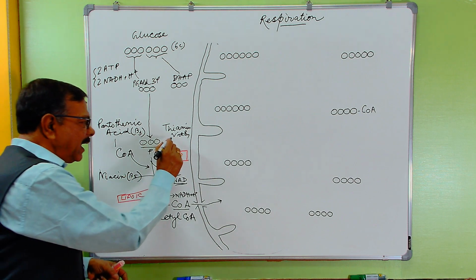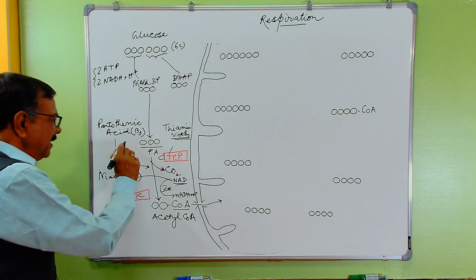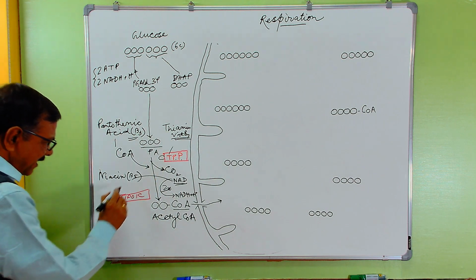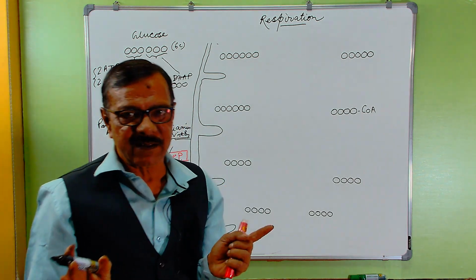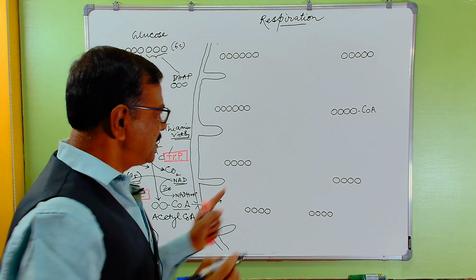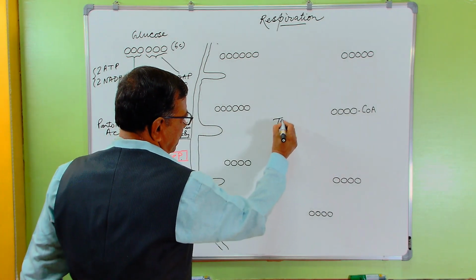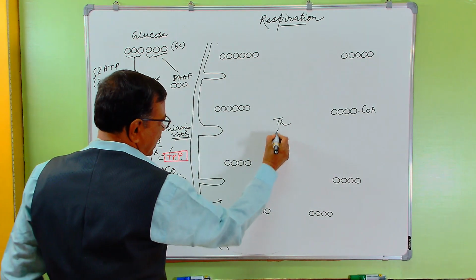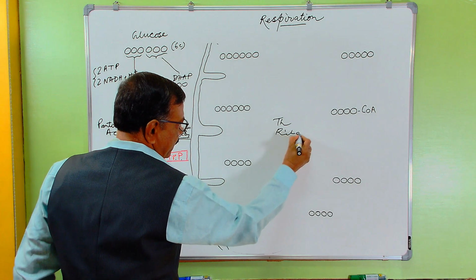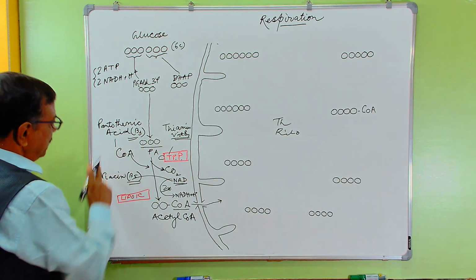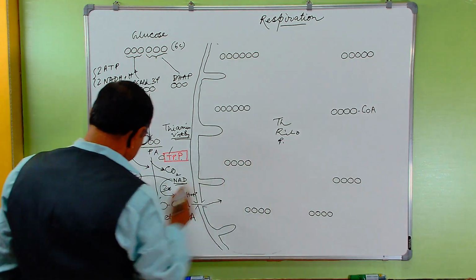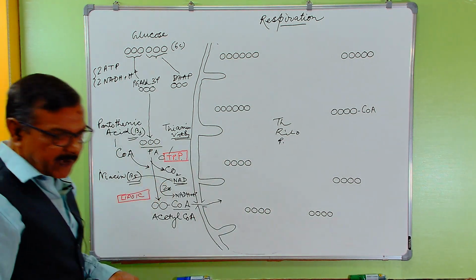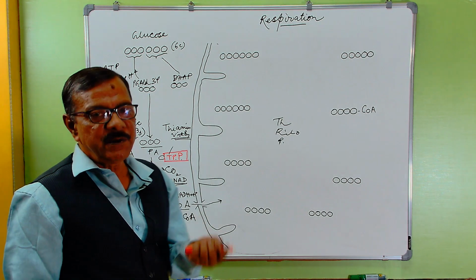So vitamin B1 is required, vitamin B3 is required, vitamin B5 is required. These are the vitamin B complex, as we say. Vitamin B1 is known as thiamine, vitamin B2 is riboflavin, vitamin B3 is pantothenic acid, vitamin B6 is pyridoxine, and vitamin B12 is cyanocobalamin.